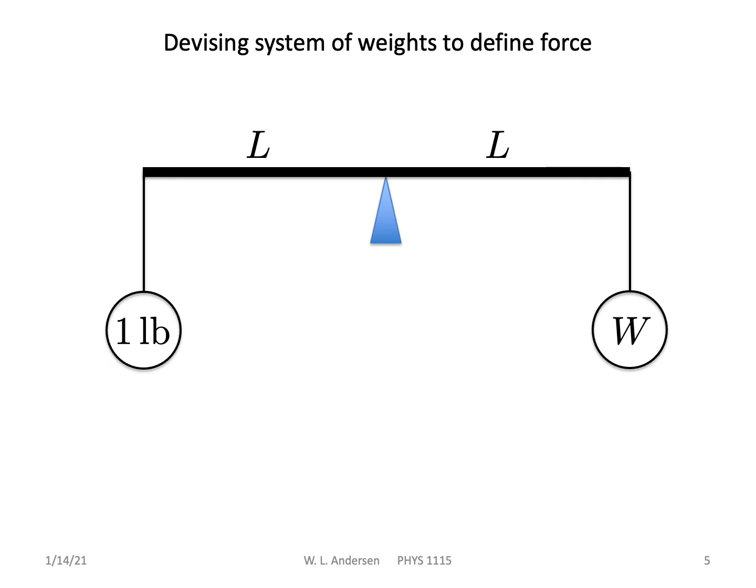One way that you could define a system by which to measure force is to use weights, starting with a standard weight, which might be 1 pound. By definition, you've got an object that is 1 pound. Now we can construct a lever, as shown, that is symmetrical.